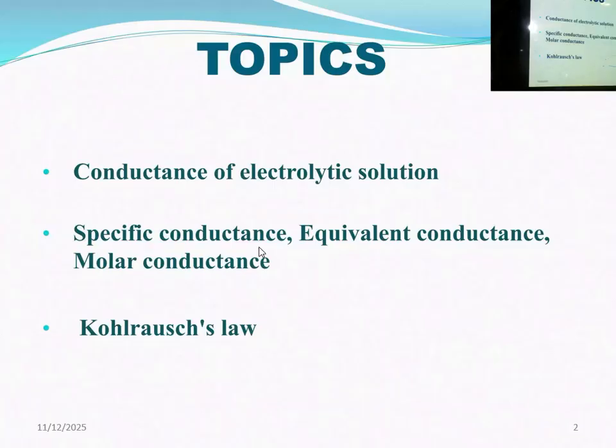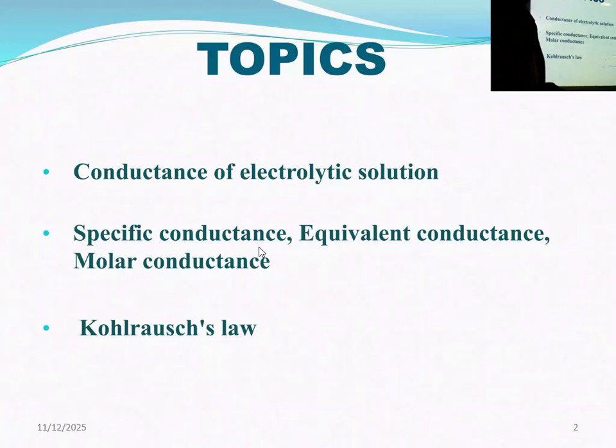Now this volume depends on concentration. If you add more solvent, the volume will be larger; if you add less solvent, the volume will be smaller. So we can replace V by the parameter 1000 by C to make it general.